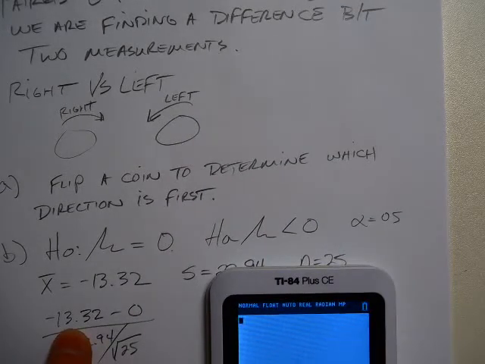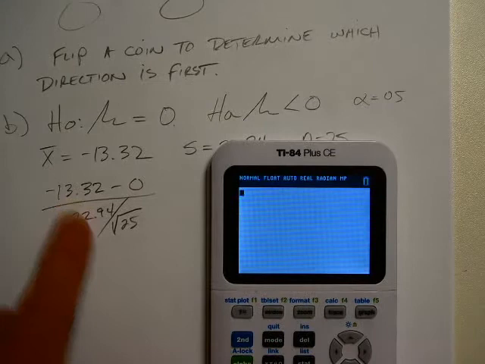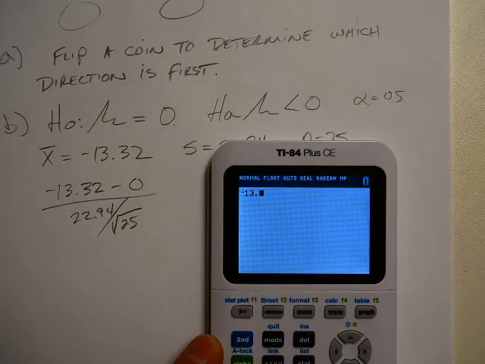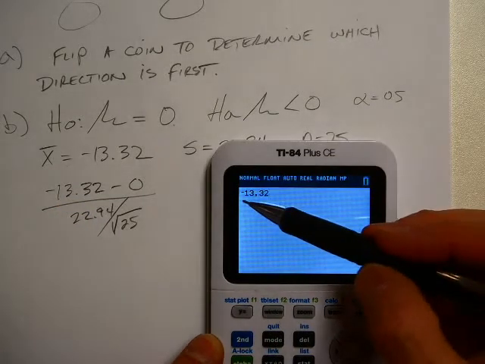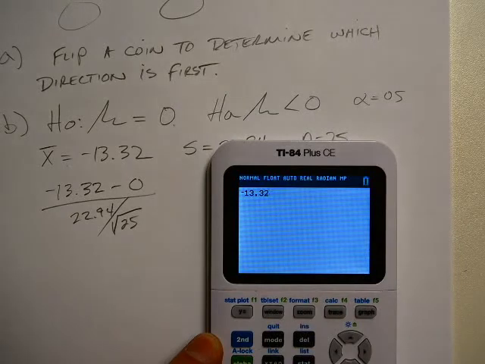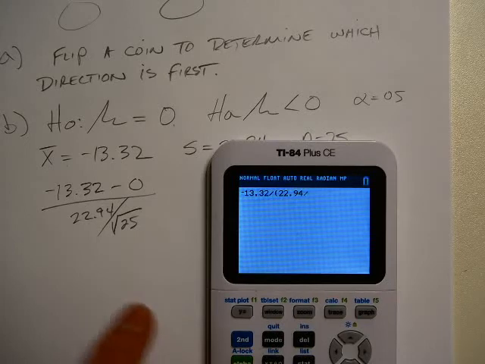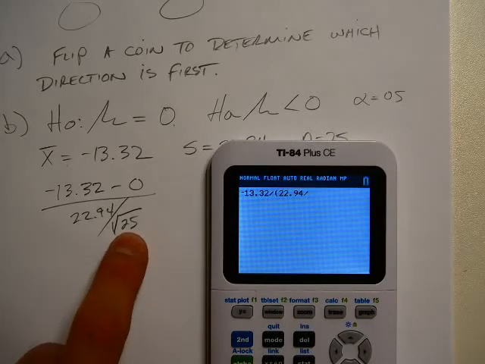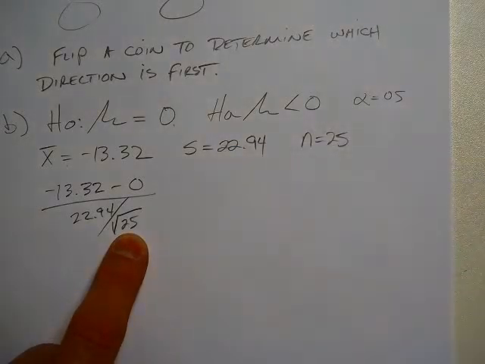So that's just negative 13.32. Make sure you put a negative there and not the minus. Calculators don't like the minus. Divided by 22.94. Divide that by the square root of 25, which is just 5. And I get about negative 2.90.